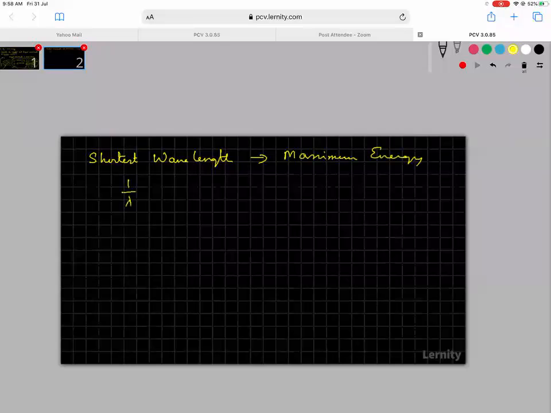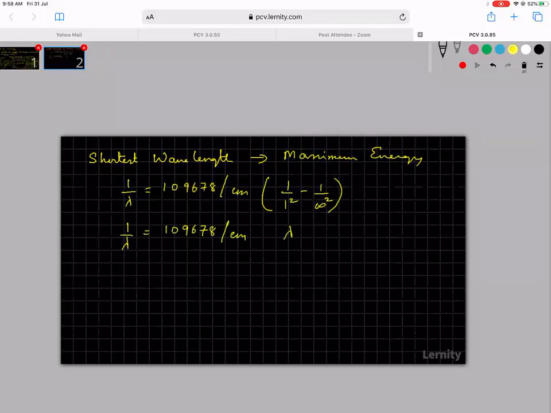So 1 by lambda will become equal to 109678 per centimeter into 1 by 1 squared minus 1 by infinity squared. So from here I will get 1 by lambda is equal to 109678 per centimeter. So from there I can find out the value for lambda.